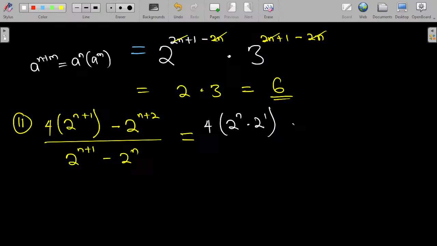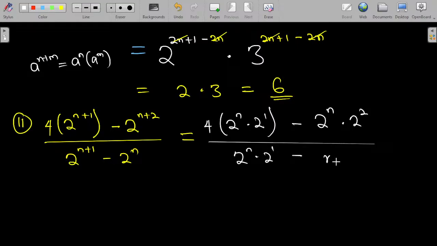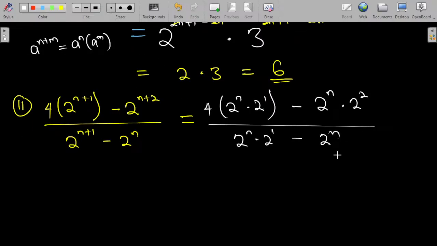Now minus, I can split this one to 2 to the power of n times 2 to the power of 2. This is all over. The same thing will happen here, 2 to the power of n times 2 to the power of 1, while you have minus 2 to the power of n. So you can try to factorize.